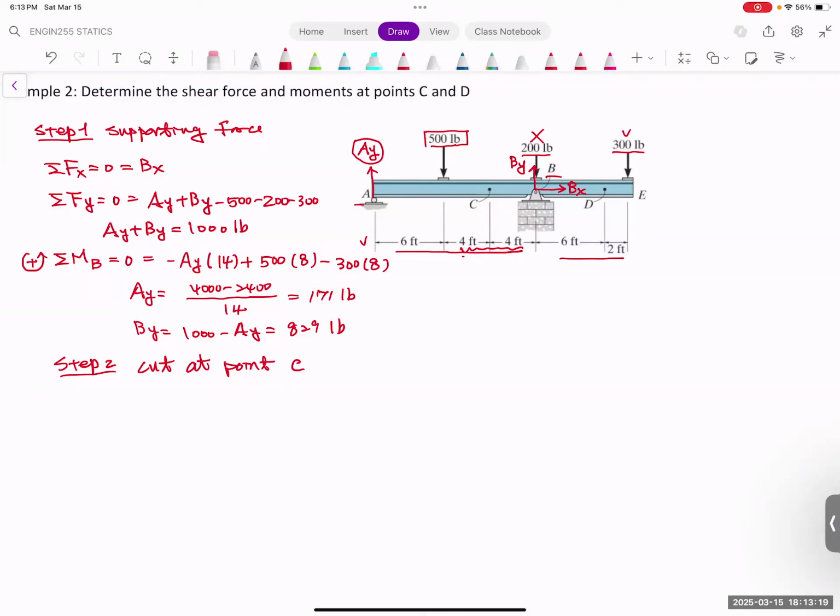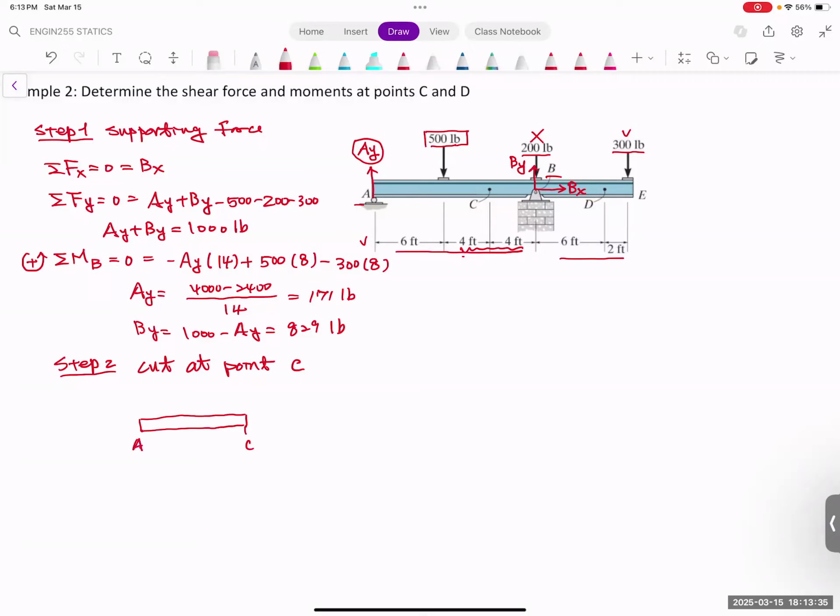I'm going to use the left-hand side, which is easier to see how it goes. So let's just cut this member from A to C. So this is going to be the C.